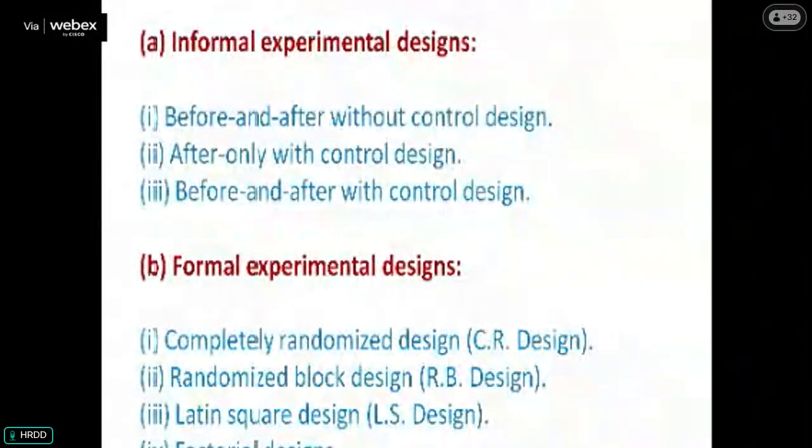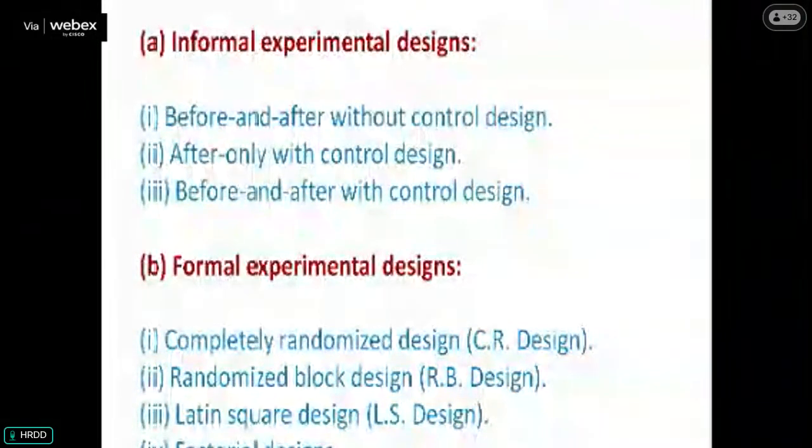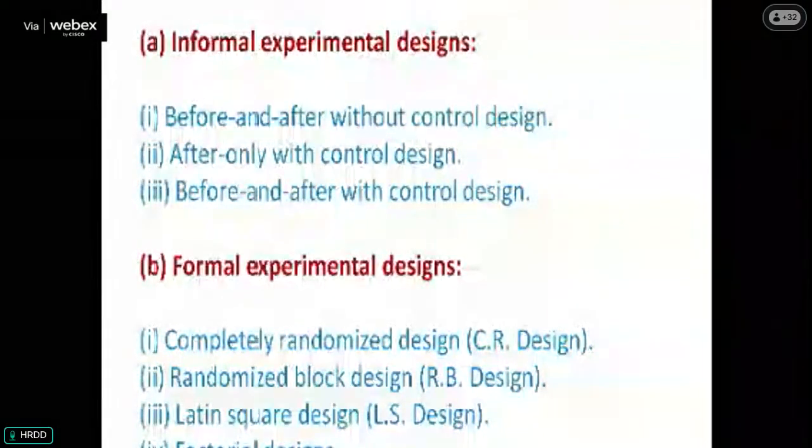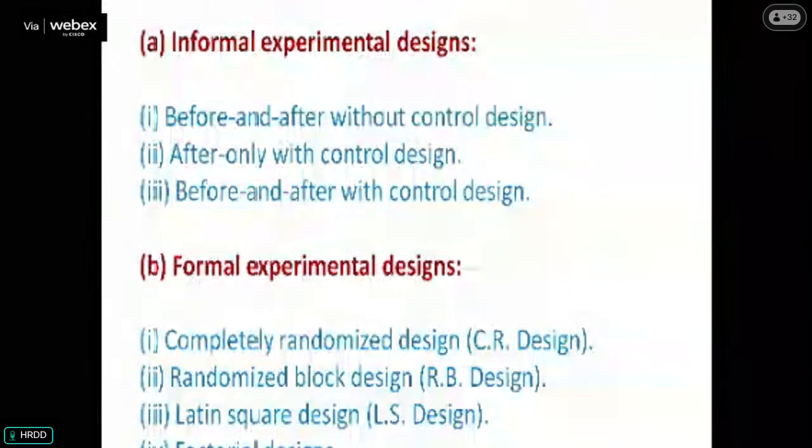Formal is more methodical, informal is more casual, a casual design you make based on your hypothesis. In informal experimental design there are three types: before and after without control design, after only with control design, and before and after with control design.